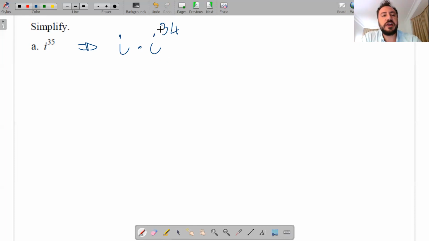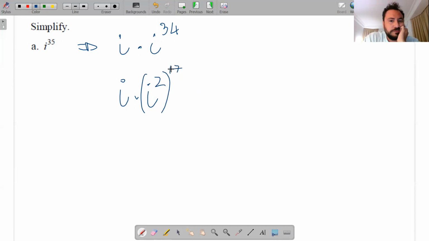Because now you can rewrite this as i still, multiplied by i to the power of 2, all to the power of 17. This is a power of a power, and that represents 34.